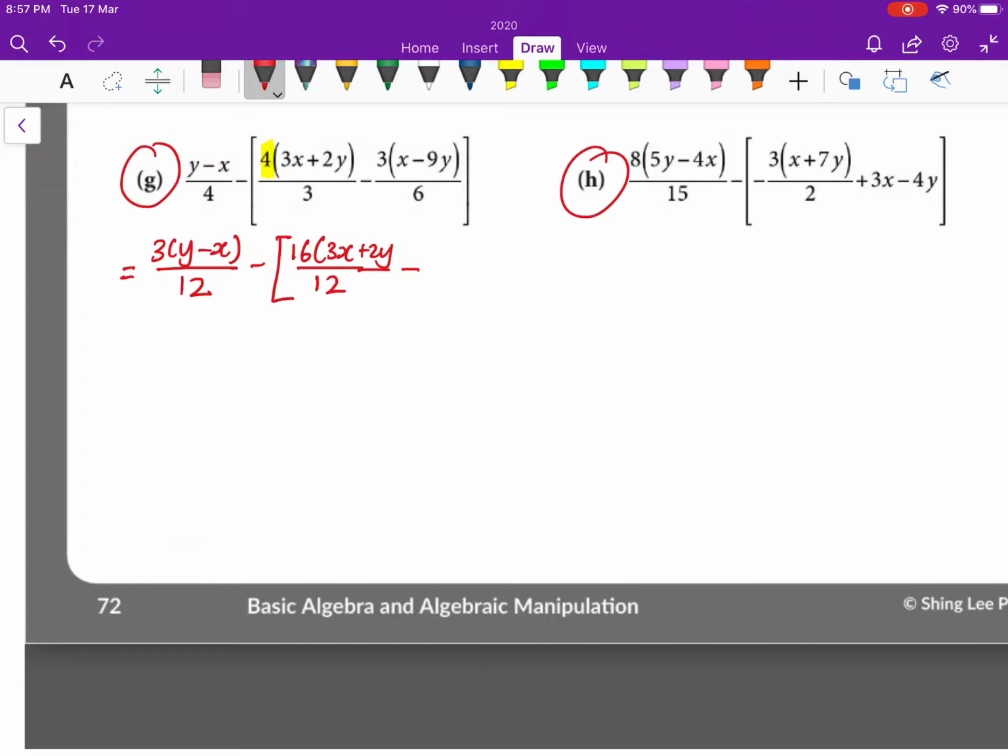The next expression, to get the denominator 12, I multiply 6 by 2. So numerator, we multiply by 2 to 3. Multiply 2 to 3, we will get 6x minus 9y. Okay, this is where we combine the denominator.